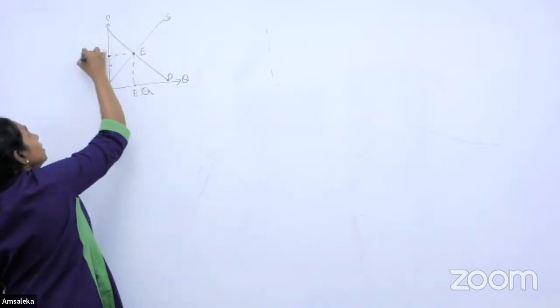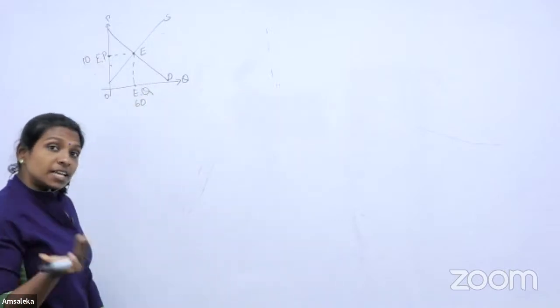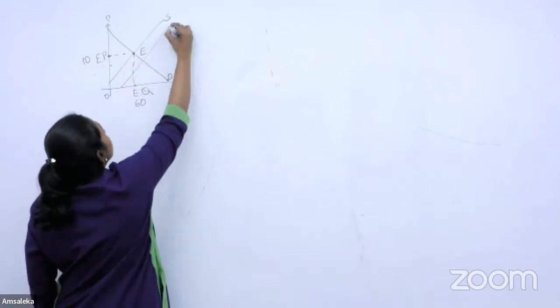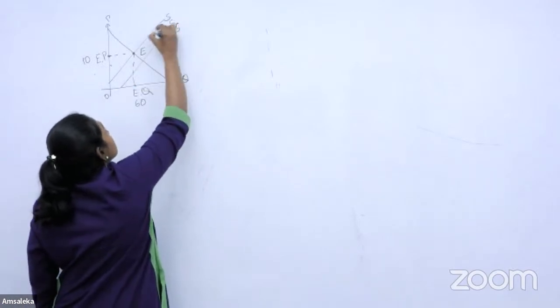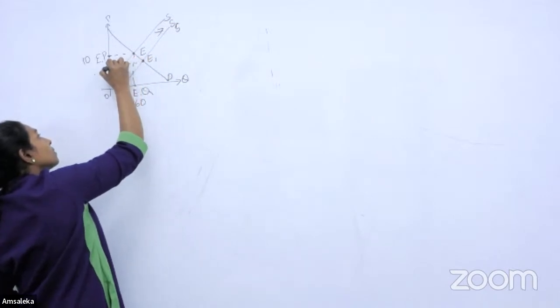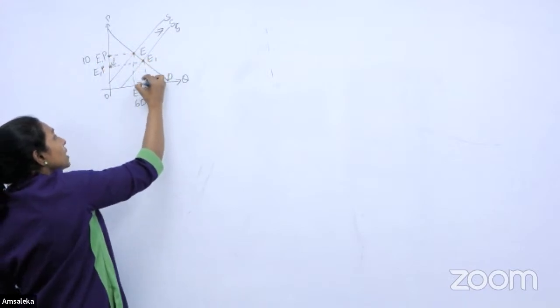So you know 10 and 60. Now subsidy means what? It is an encouragement. So the supply line will be shifting here, SS, rightward. So this becomes your new equilibrium. This is a new price. Price has dropped. Quantity has increased.